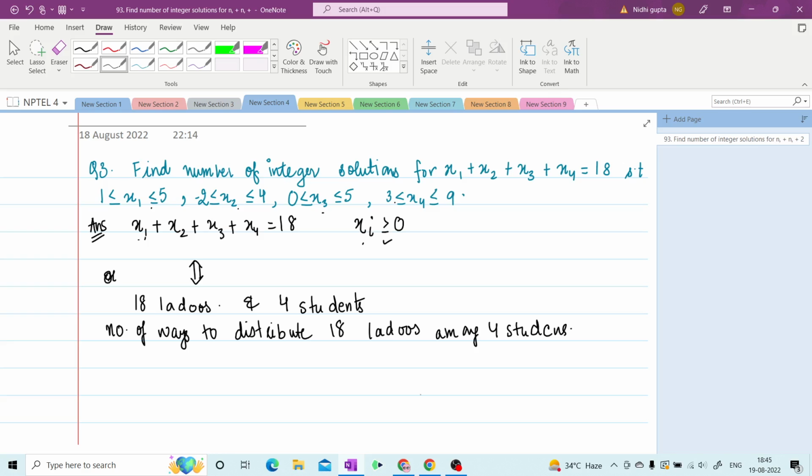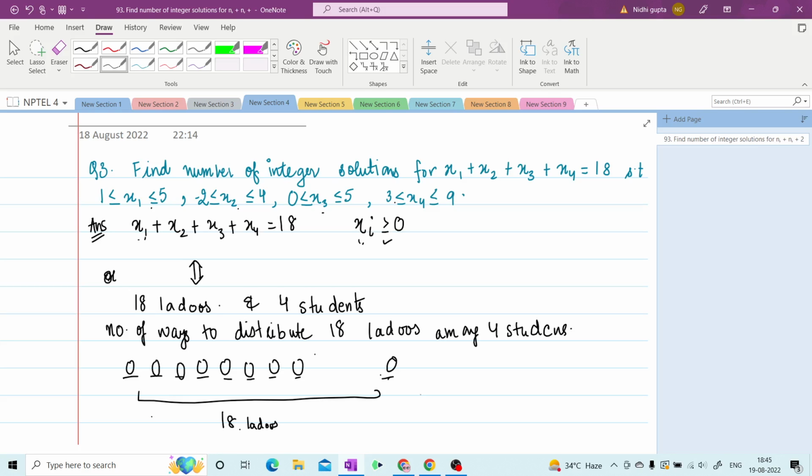So how can we do that? First of all, we keep all these 18 laddus in a row. Now we want to distribute these 18 laddus. Laddus are whole, so we want to distribute them among 4 students, and there are no conditions.